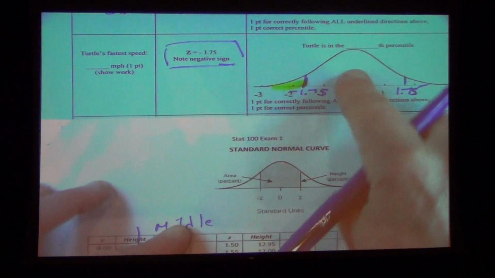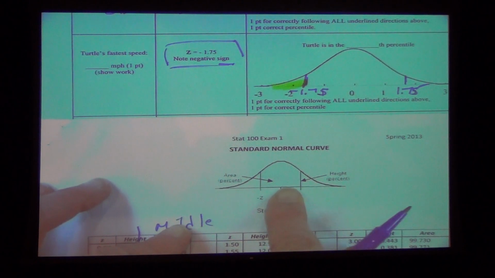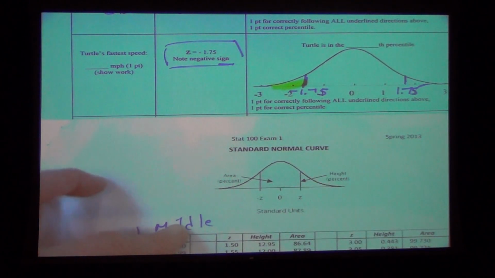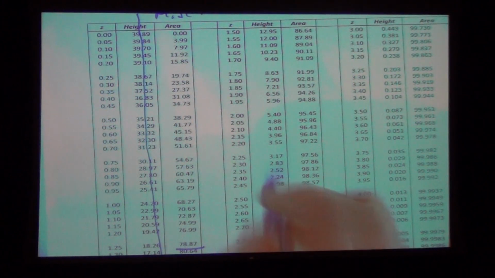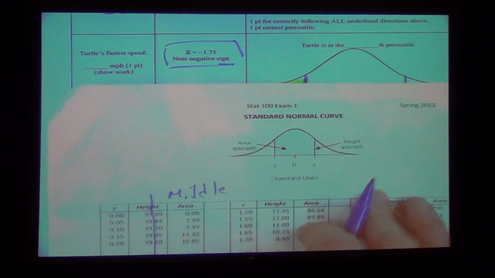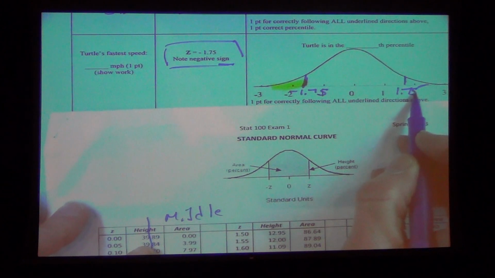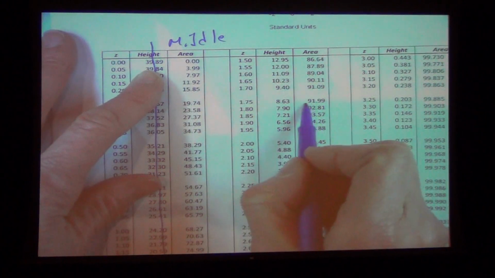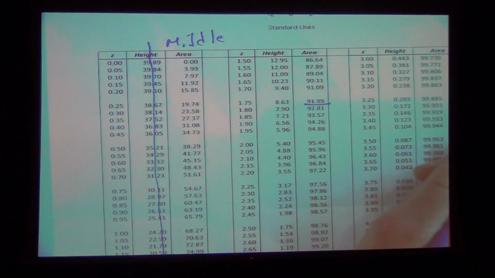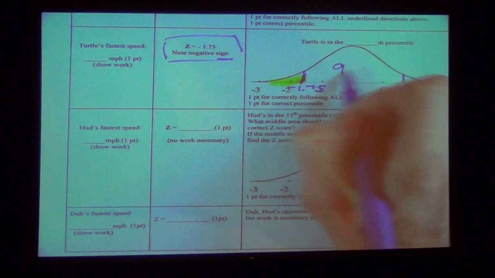So we look for negative 1.75 on here, and we don't find it, because it's all positives. But does that make a difference? No, because we just want between the two points. We just want this middle area. So we look up positive 1.75, and it's 91.99. Now that rounds to 92 for sure.